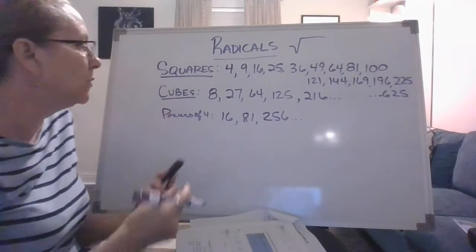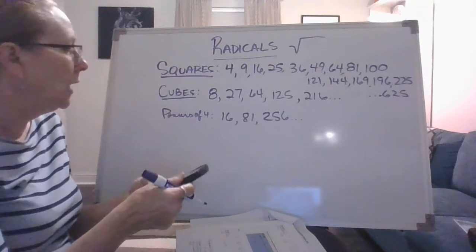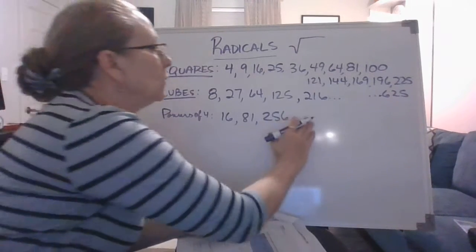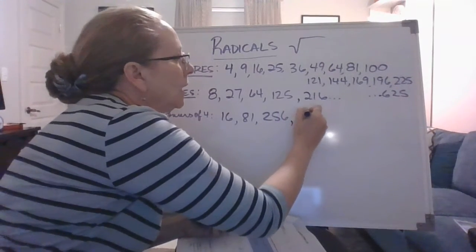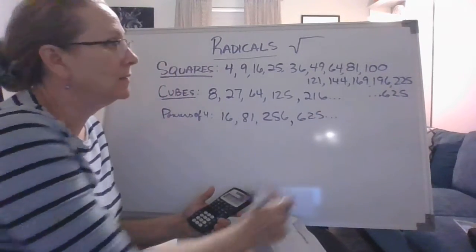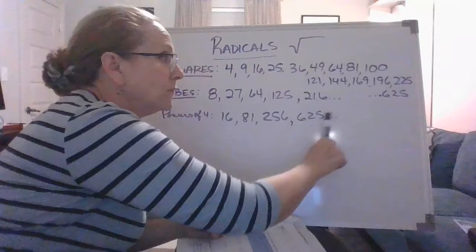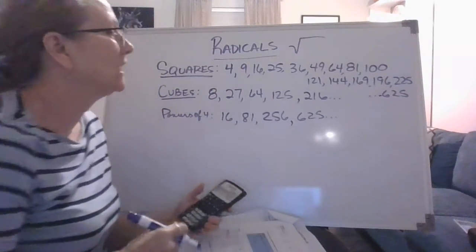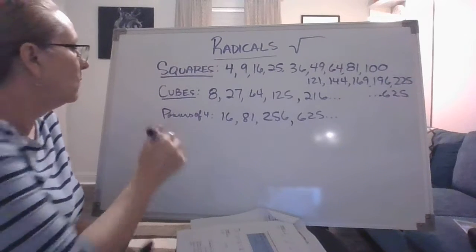Those are some common numbers that you'll see. Actually, 5 to the 4th is also fairly common, 625. And that's because it's 25 times 25, 5 times 5 times 5 times 5.